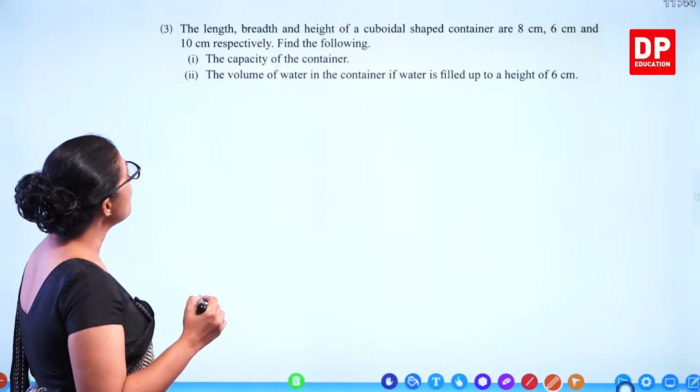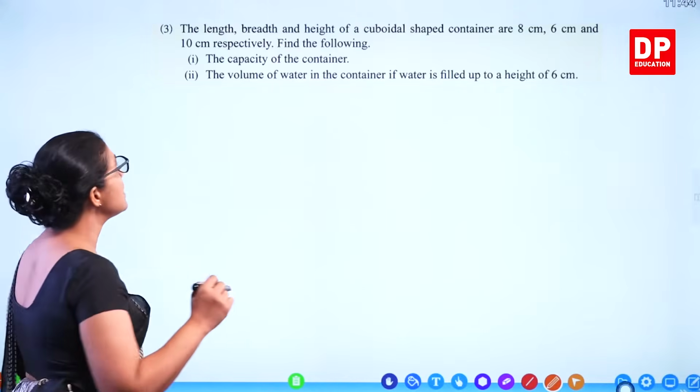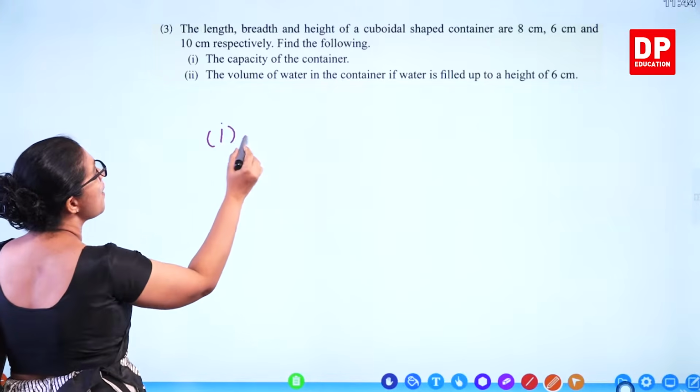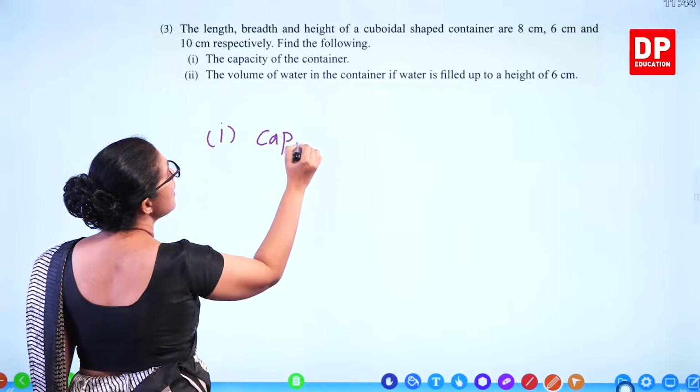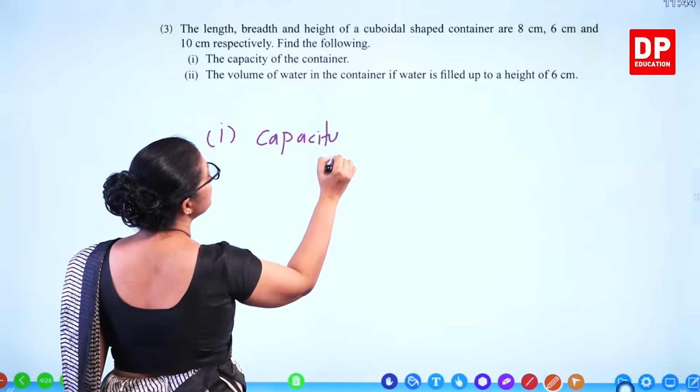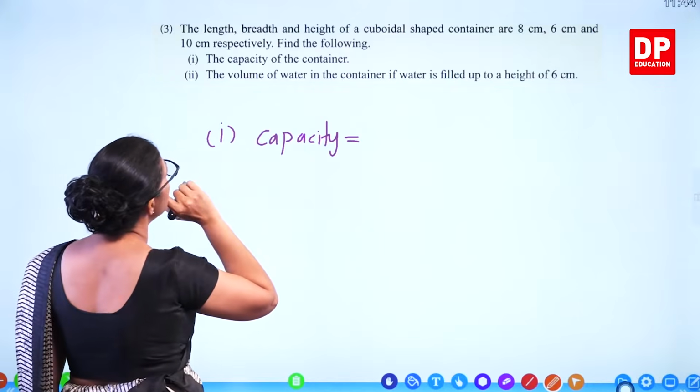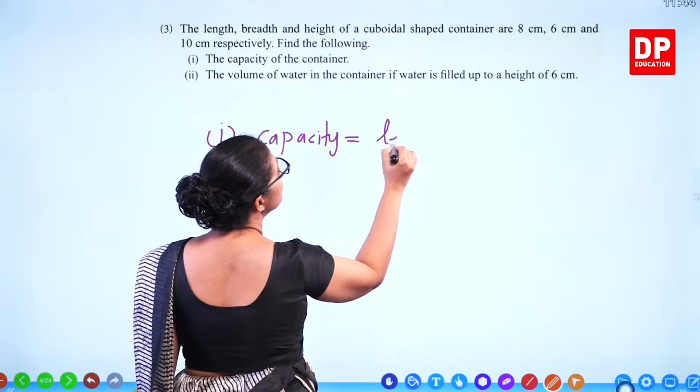The length, breadth and height of a cuboidal shaped container are 8 centimeters, 6 centimeters and 10 centimeters respectively. Find the following. The capacity of the container. So how do we find the capacity? You can multiply length, breadth and height.